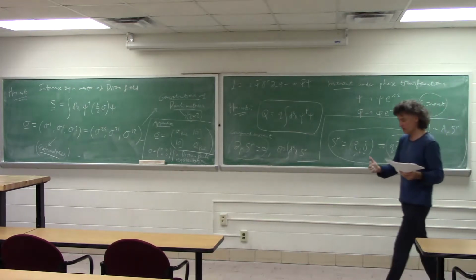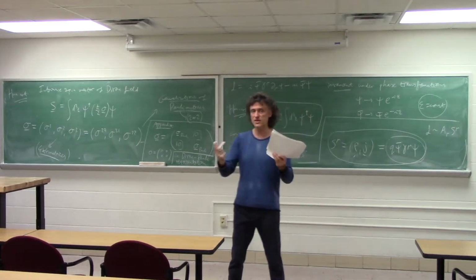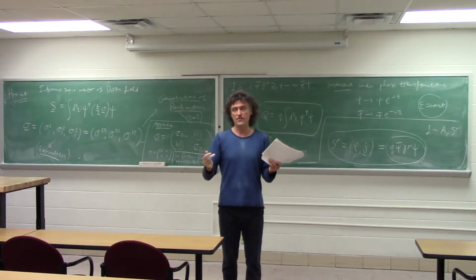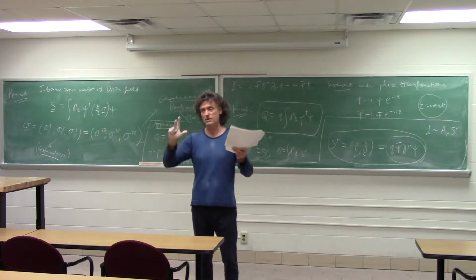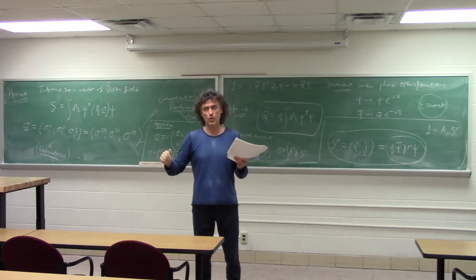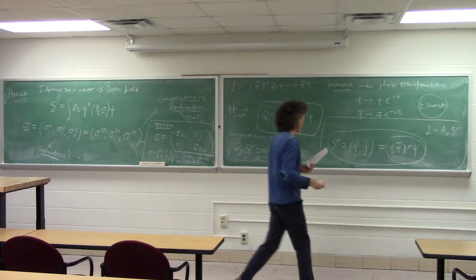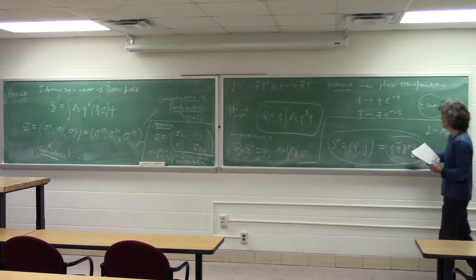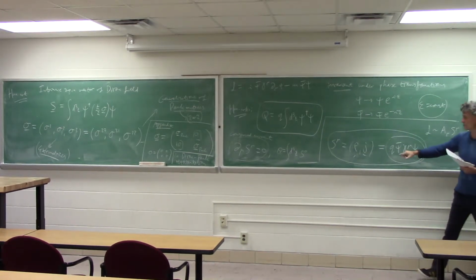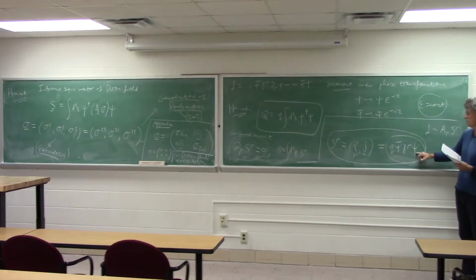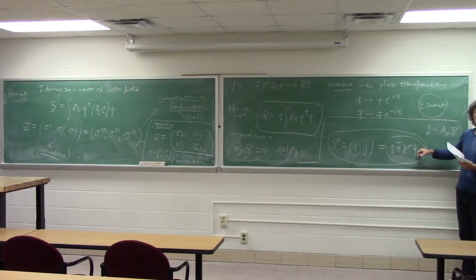So we did the quantization of the free Maxwell field. If you add in a charge and a current on the right-hand side of Maxwell's equations, in the case of the Dirac field, the charge and the current look like this. This is the charge density and the current density of the Dirac field. It's a charged field.